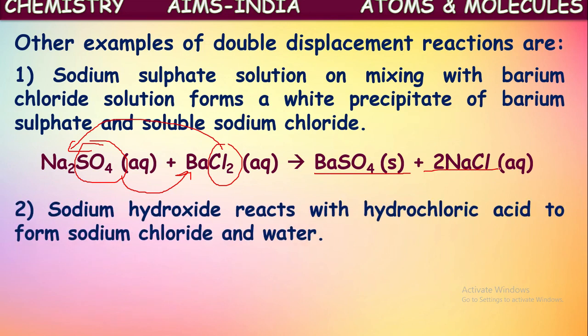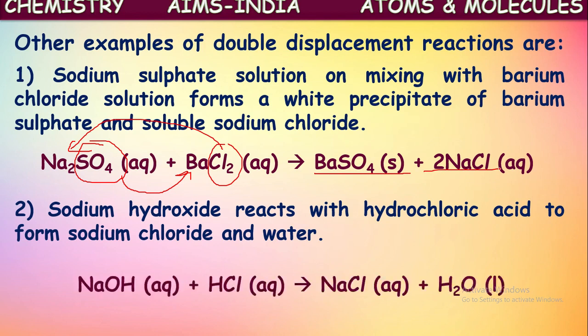Let us see one more example. Sodium hydroxide reacts with hydrochloric acid to form sodium chloride and water. See the equation, sodium hydroxide and hydrochloric acid. We can say this is also a neutralization reaction, isn't it? Because here a base and an acid are reacting together to form a salt and water. So we can say this is a neutralization reaction also.